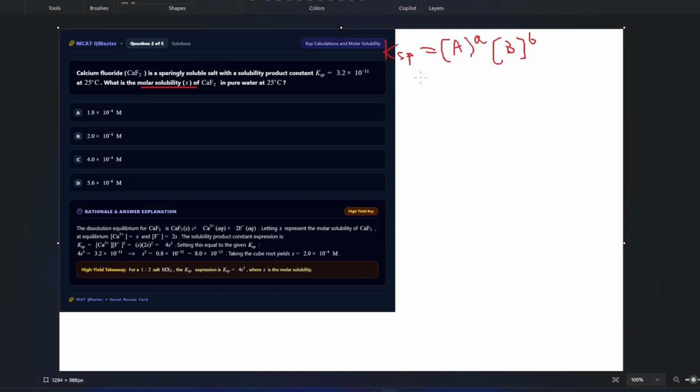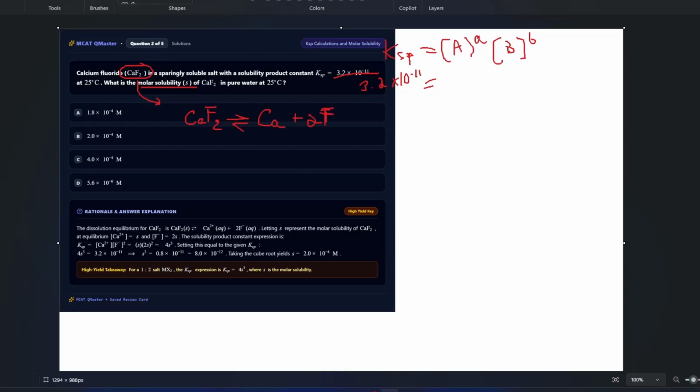So B is equal to, so they gave us the KSP, 3.2 times 10 to negative 11, and now we should have some numbers for this as well. What you want to do first is actually write out the dissociation reaction that would occur. So CaF2, that's your first step, would dissociate into Ca plus 2F.